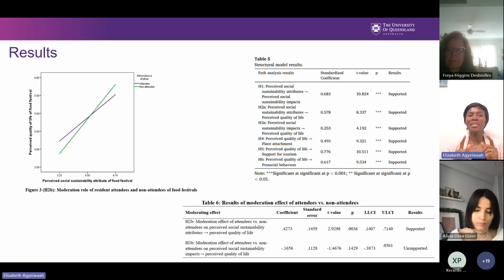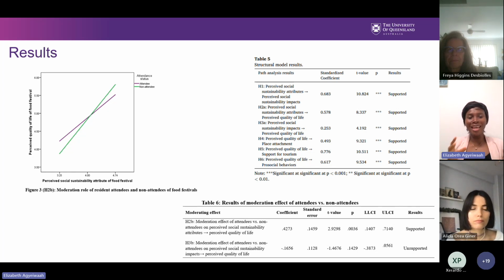However, it was surprising because we had thought that those that have not participated based on the self-perception theory probably will not have any positive attitude because they've not been there. But contrary to what we thought of, we realized that people that have not attended the event also thought highly of the event. So both of them thought highly of the events. But interestingly, those that have not even been to the events thought highly of the events more than those that have been there.